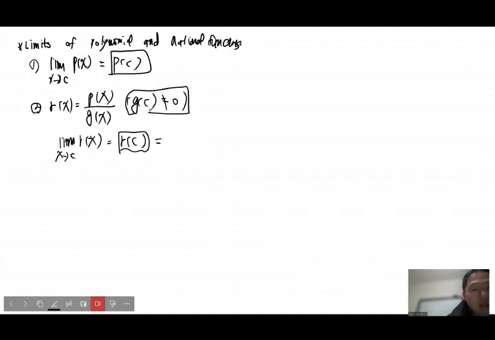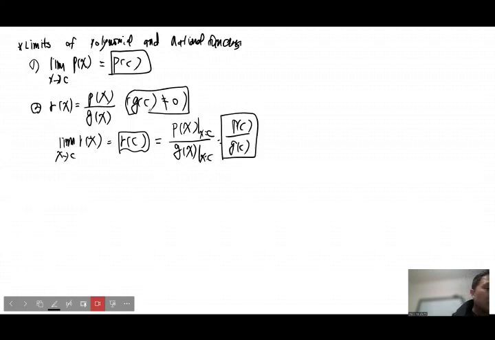And now r(x) is p(x) over g(x), so if fully expressed, x should be replaced with c, and the same thing for the denominator. So that should be p(c) over g(c). That is the general solution for rational functions.